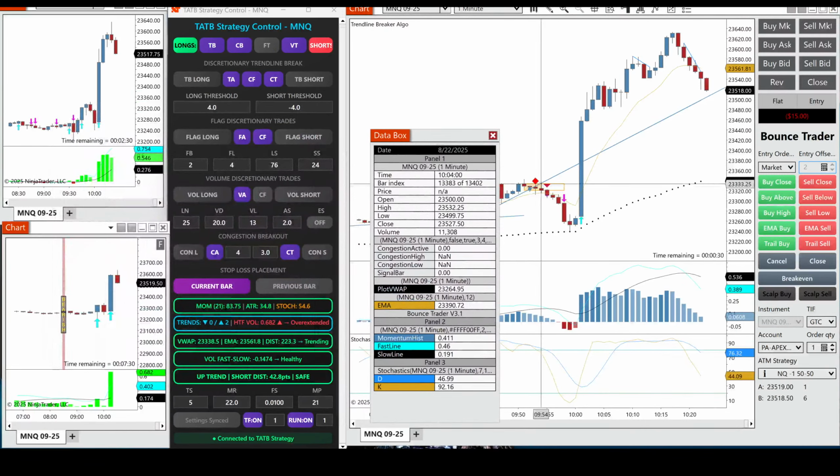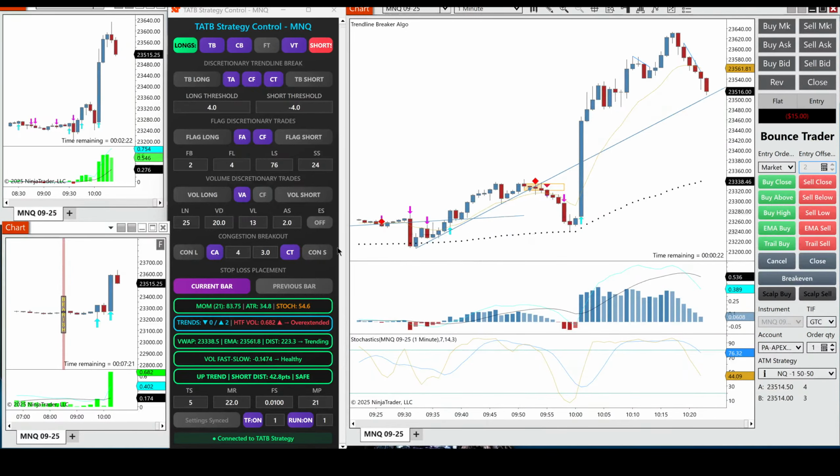It says 54, but this is 76, so the stochastic, it's this part that is not updating correctly. I'll need to fix that. But the calculations themselves are correct.